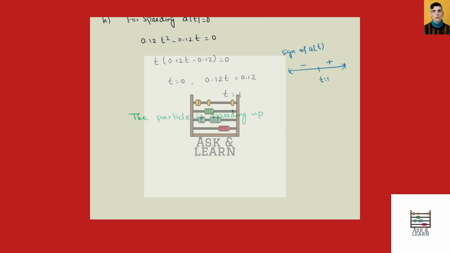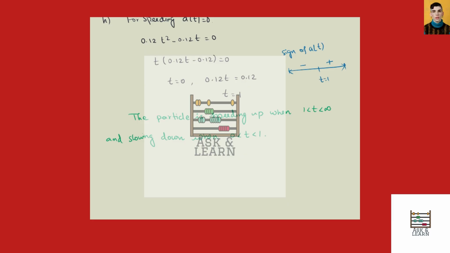So we can say that the particle is speeding up when 1 is less than t less than infinity, and slowing down when 0 is less than t less than 1.